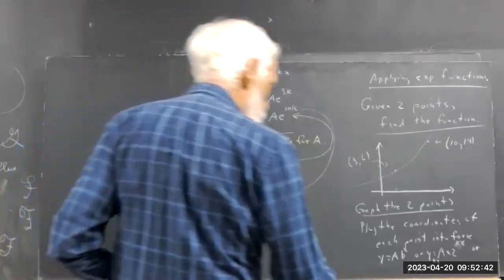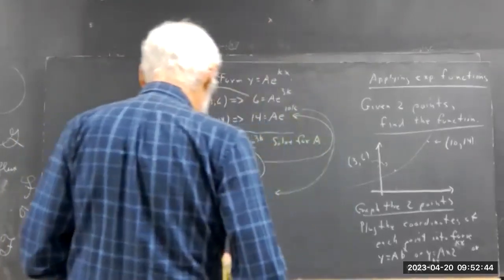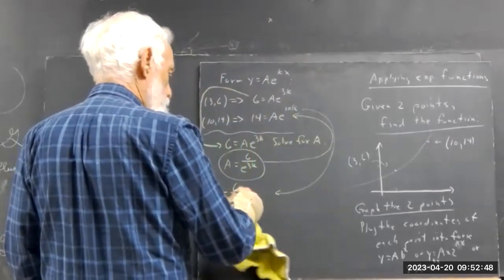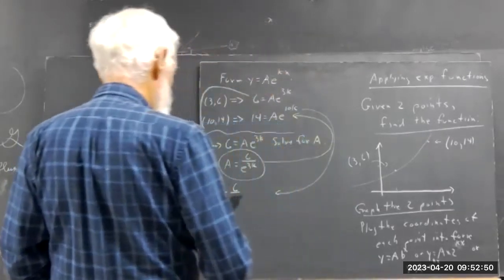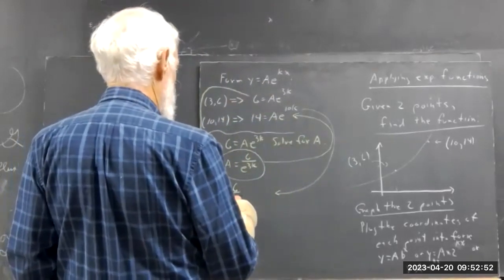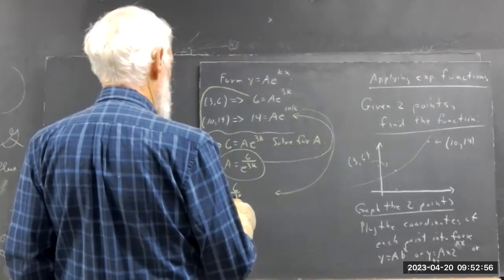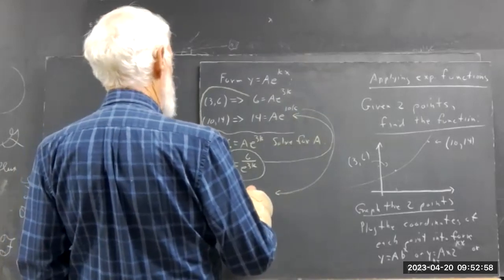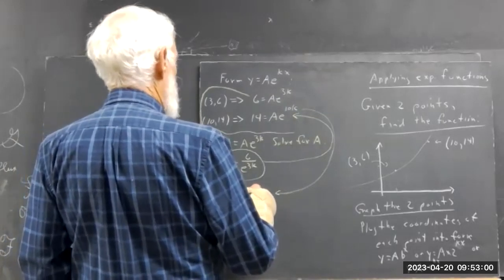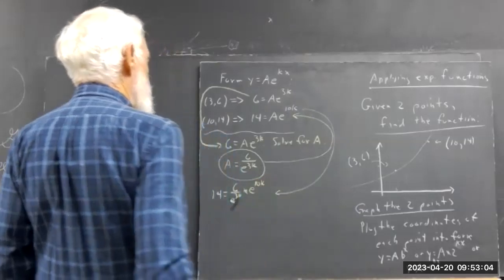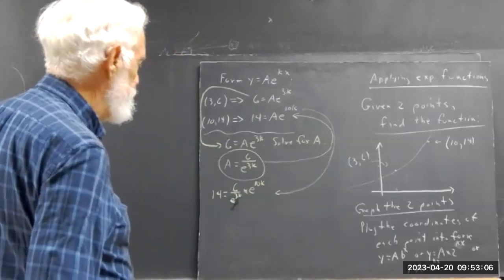And it's not over 3k, it's over e to the 3k, times e to the 10k.